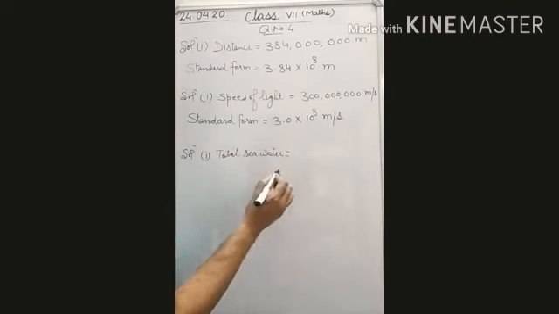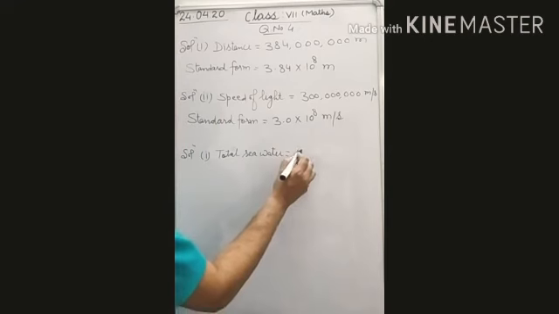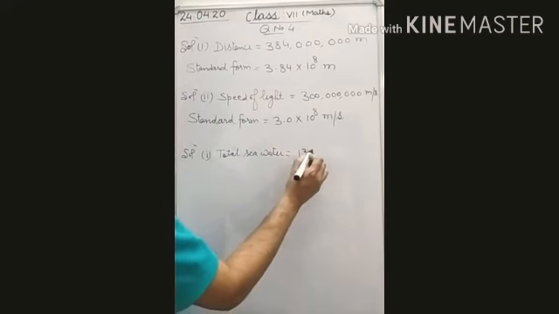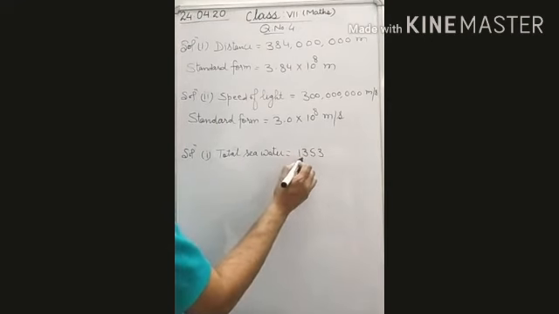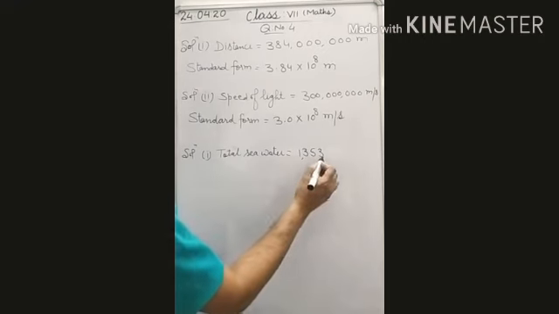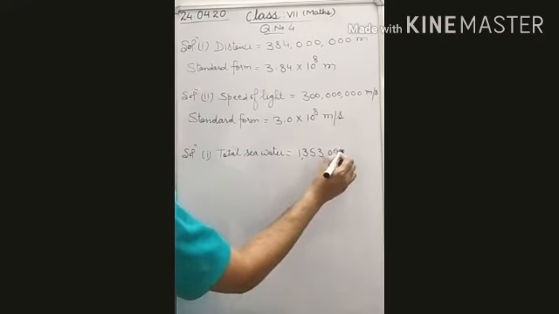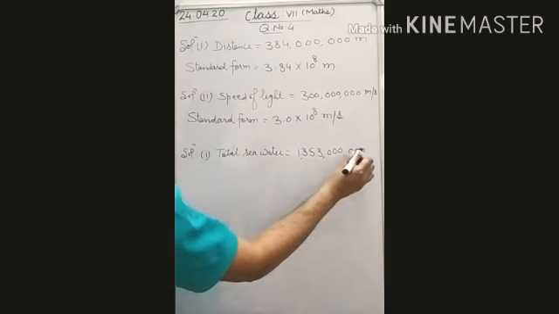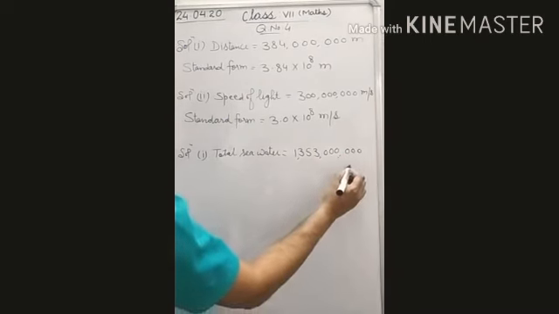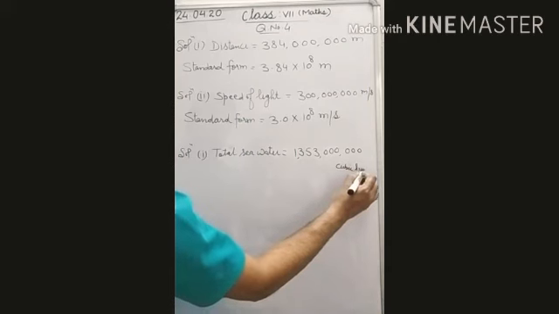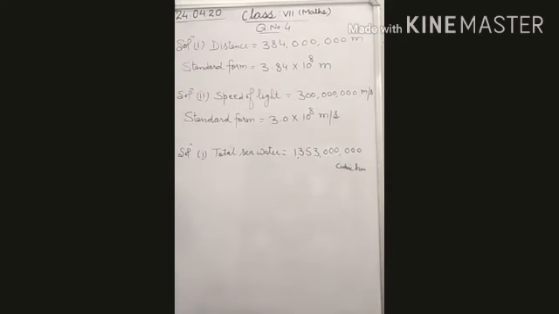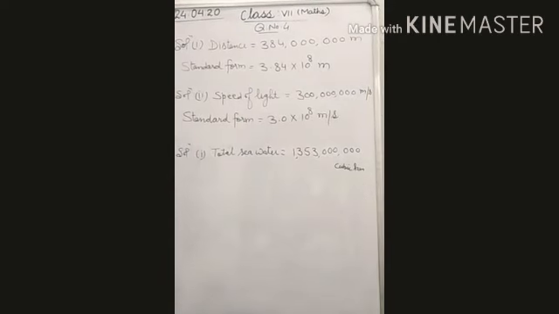How much it is? It is 53 then 0, that much cubic kilometer. This unit is given to us and we have to write it in standard form.